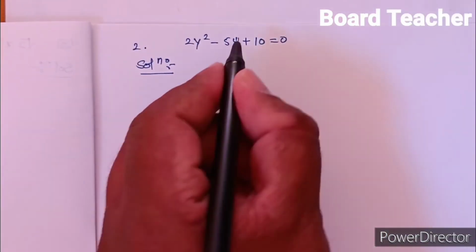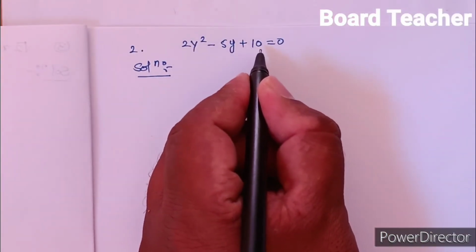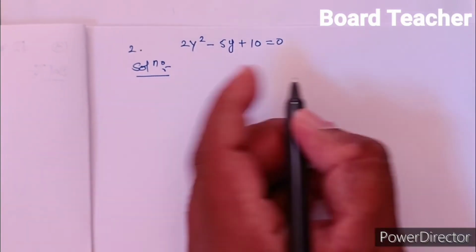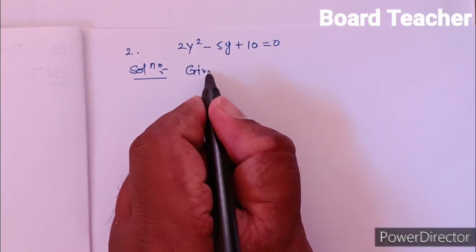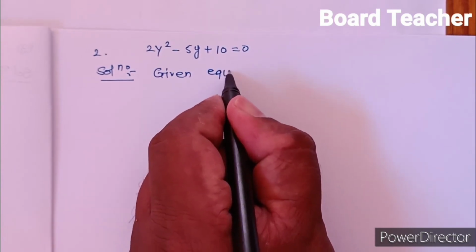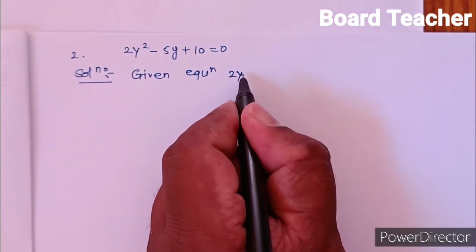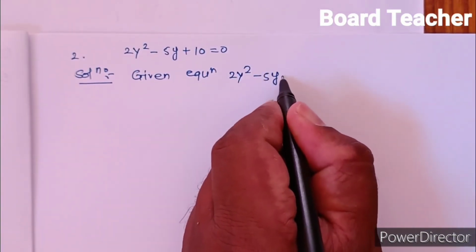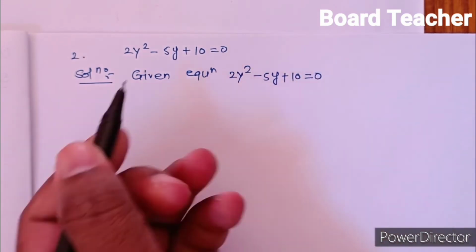Coming to the second question, that is 2y square minus 5y plus 10. Write down this question as it is, that is given equation, 2y square minus 5y plus 10 equals to 0.